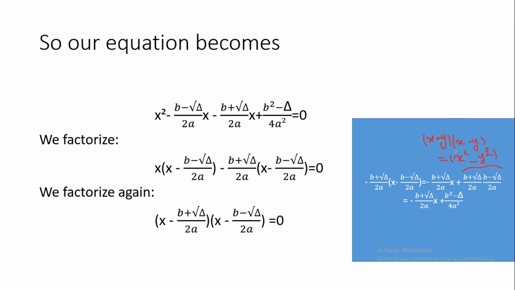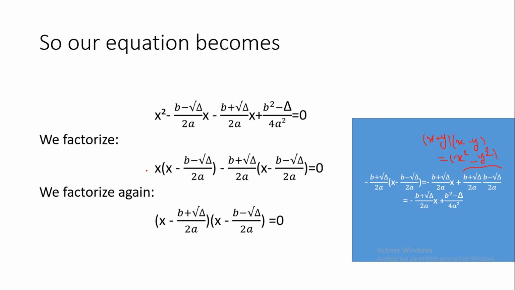Sorry for the colors, the red and the blue. So we got b squared. b is our x and the square root of delta is our y. So we got b squared, which is equal to our x squared, minus the square root of delta squared, which is going to give us delta. And 2a times 2a gives us 4a squared.